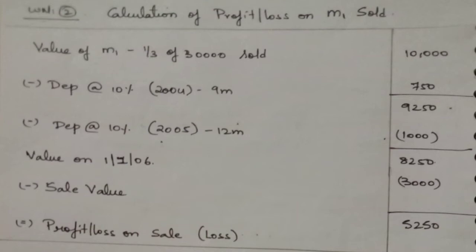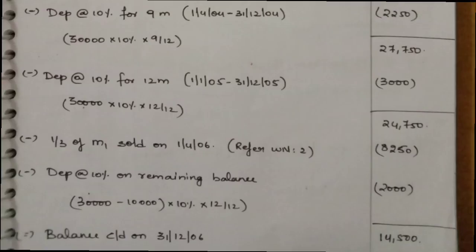Okay, so this amount of 8,250 on 1st January 2006 you are eliminating from the books. So in working note number 1, you need to eliminate this 8,250 amount. This 8,250 you need to deduct from the total machinery value, that is 24,750, the value we got as on 31st December 2005.